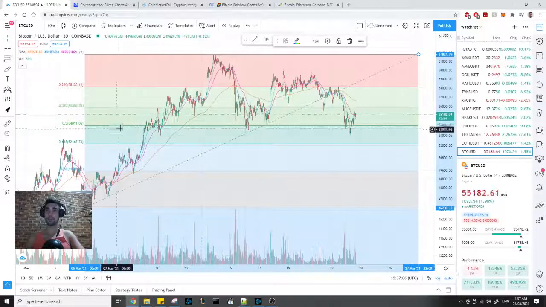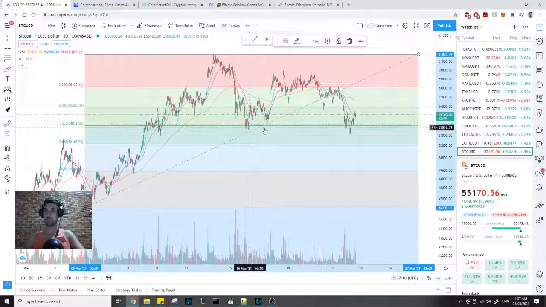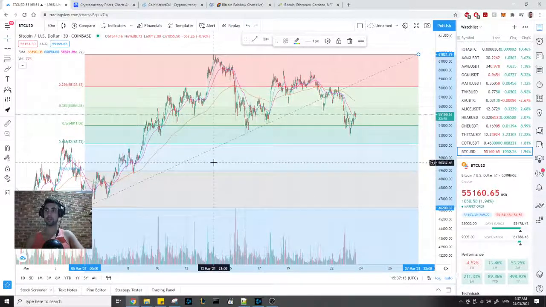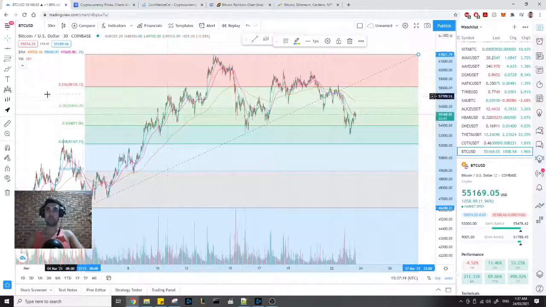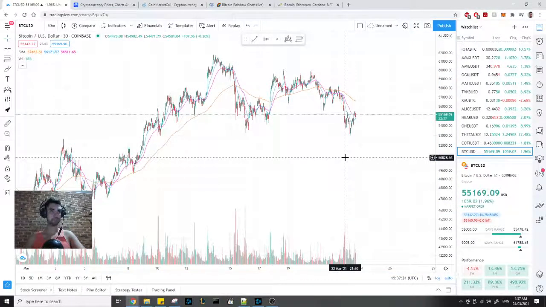So you can see here it's lining up fairly well with some of these support lines here. Cool. So that one covers the tools that I generally use.